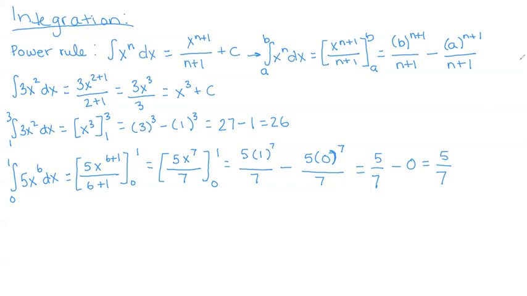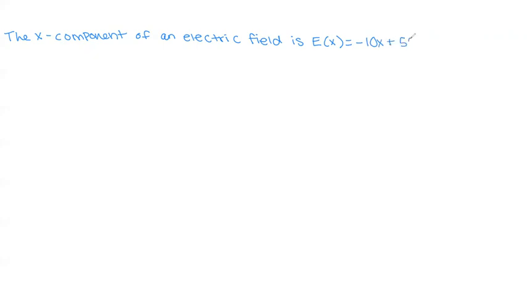Okay, so we're going to go ahead and try to apply this to a scenario that we might see in the course now. So I just made up this question. This isn't from any practice or anything like that, but it's going to say the x component of an electric field is E as a function of x equals negative 10x plus 50.